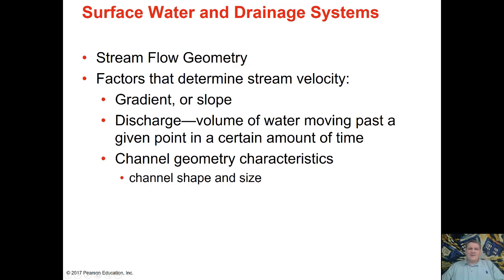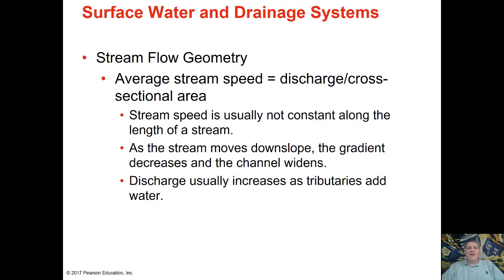And then last, we have the channel geometry characteristics. So what does the channel that the water's flowing through actually look like? What is its shape and its size? The average stream speed is equal to the discharge, remember that's the amount of water going through an area at a given time, divided by the cross-sectional area.